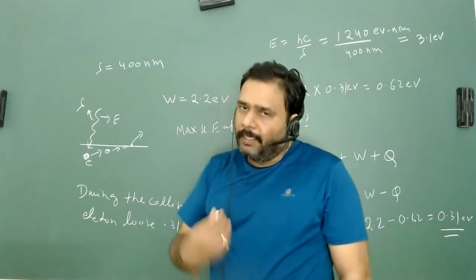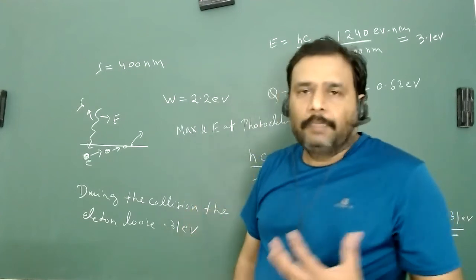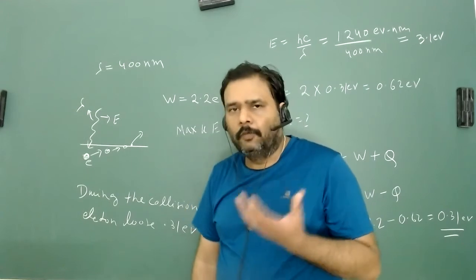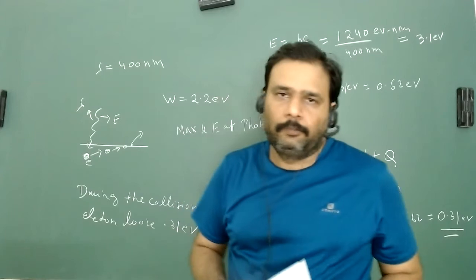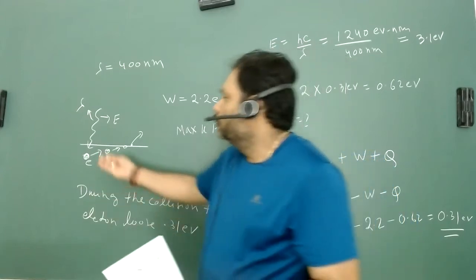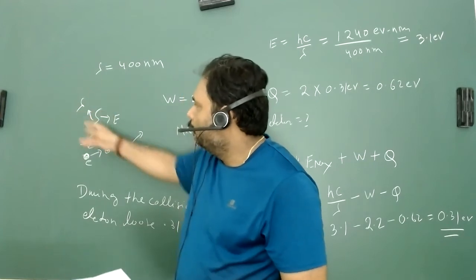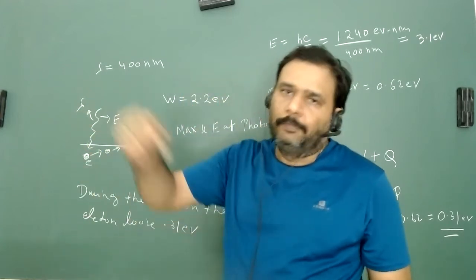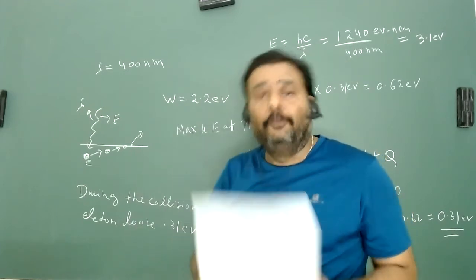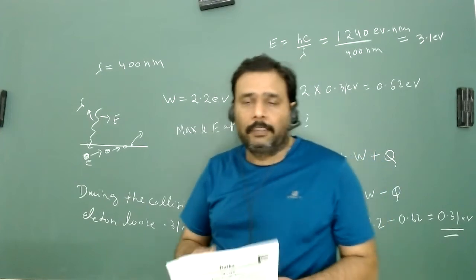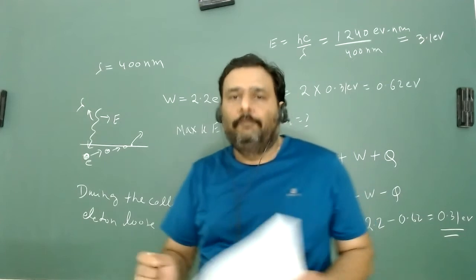So it's a very interesting problem. Why? Because it tells something about the practical implication. The most important thing is from where energy is coming to the electron to excite itself. The energy is coming from this particular photon which is coming to the plate, and the electron will absorb the energy fully. This is the beautiful part of the photoelectric effect. After that, it has to do some work.